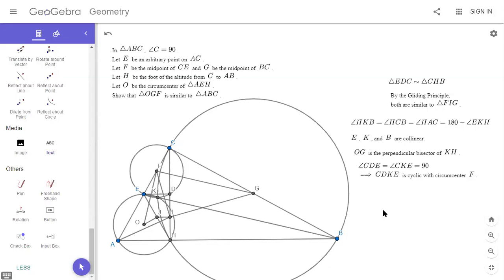Yes, if we prove that HI equals KI equals DI, it will ultimately solve the problem. Yeah, if we can show HI equals KI, that would solve it. We know HI is equal to DI, but I'm not sure exactly how to proceed.